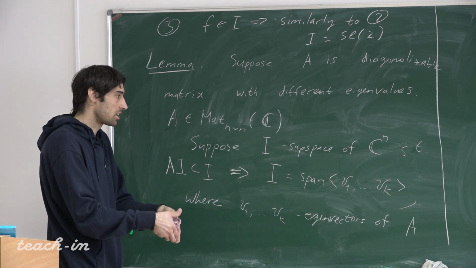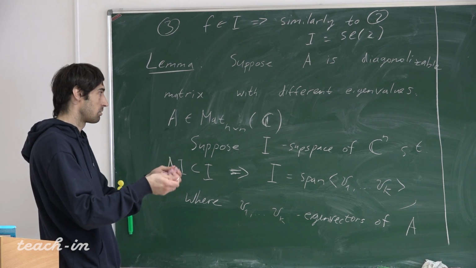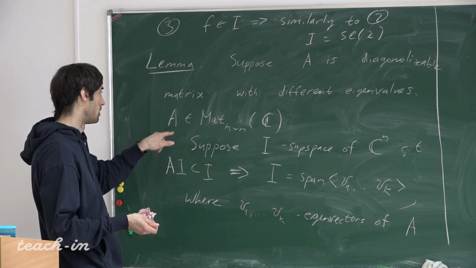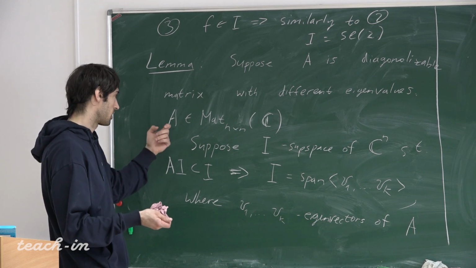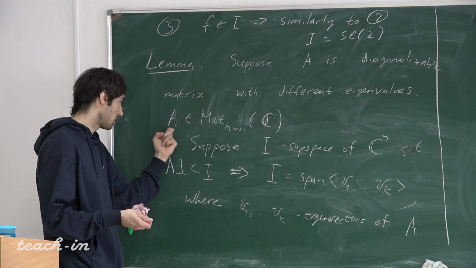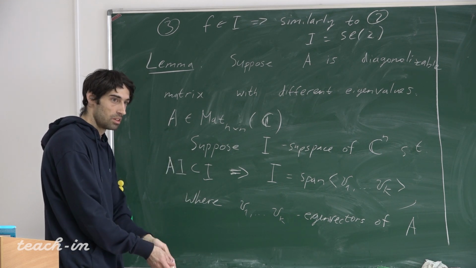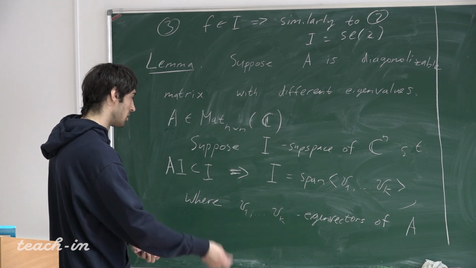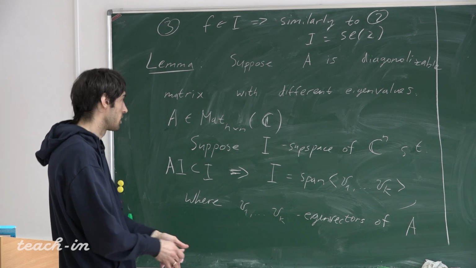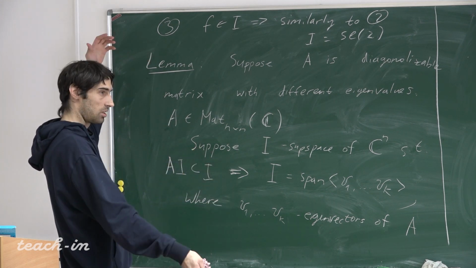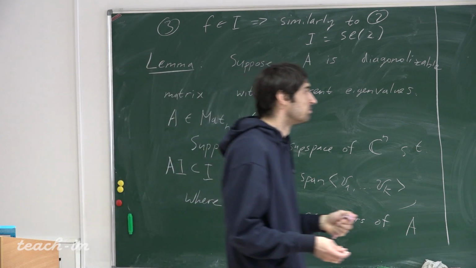All eigenvalues and generalized eigenvalues of the restriction are, of course, eigenvalues and generalized eigenvalues of the non-restricted A. So if A is diagonalizable, then the restriction should be diagonalizable too, and all eigenvectors that I take for the restriction are eigenvectors for the non-restricted matrix. So that's why this lemma is true.